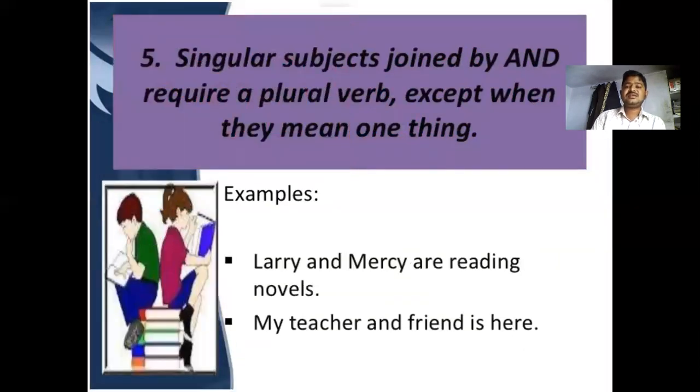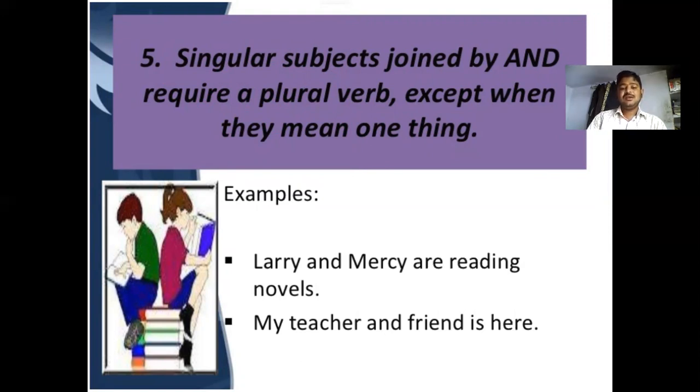Next, singular subjects joined by and require a plural verb, except when they mean one thing. Here there are singular subjects joined with and, and they require a plural verb.